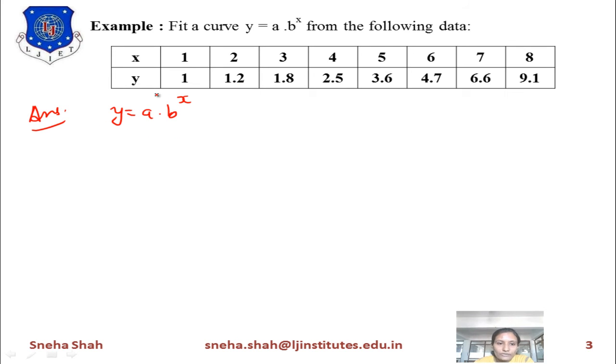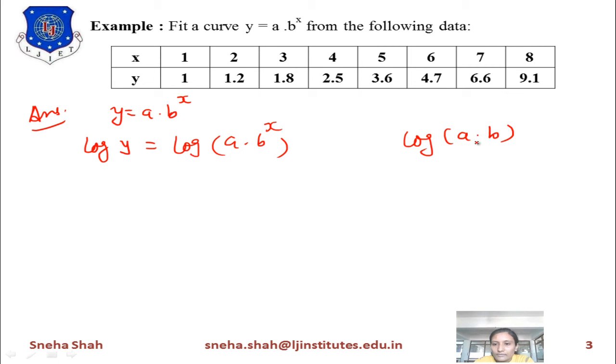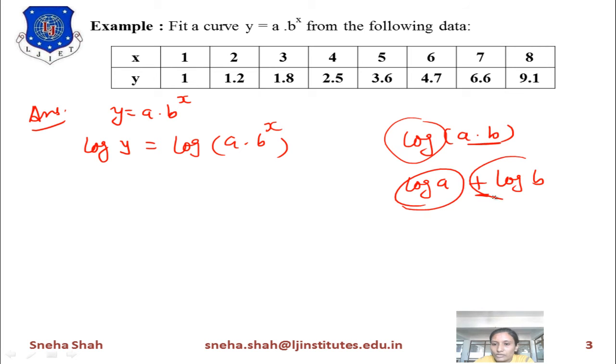So as I have told you, I will take the log on both sides, so this will be log y equals log of a into b raised to x, right? Now as you know, if I am taking log of a into b, meaning multiplication is there and I am applying log, then you can write it like this: log a plus log b, the summation of two log terms.